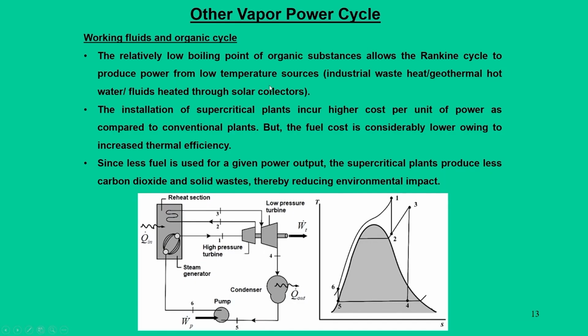But they have a high cost per unit power as compared to conventional power plants, but the fuel cost is considerably lower. So, that gives rise to higher thermal efficiency. And of course, when less fuel is used, the supercritical plants have less environmental impact.